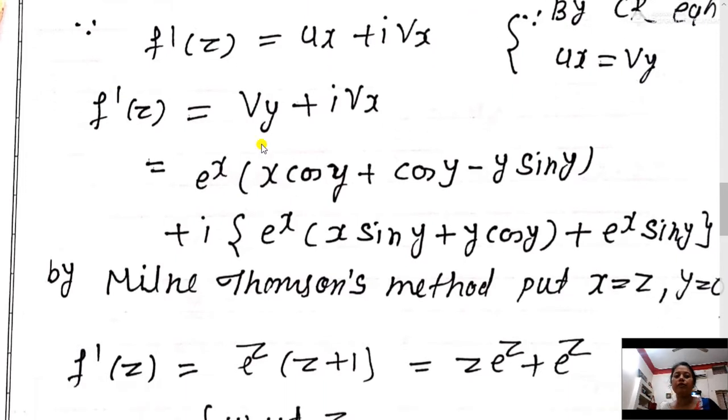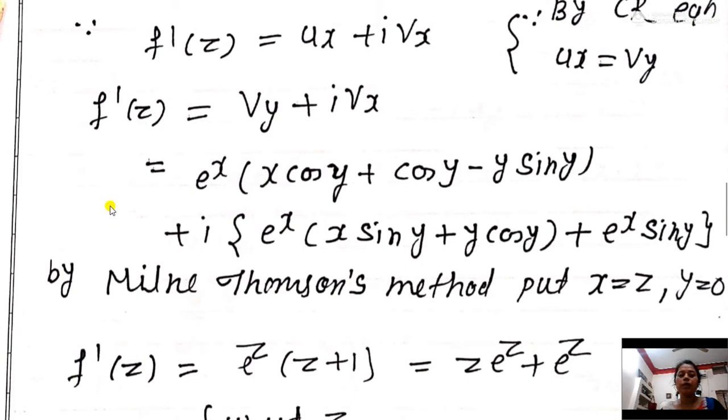So here we have differentiated v with respect to y, and this is the real part, and we differentiated v with respect to x, and this is the imaginary part. After differentiating with respect to y and x, we get the value of f dash z in terms of x and y.